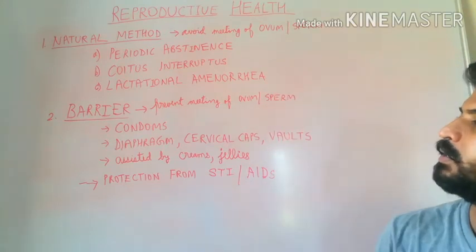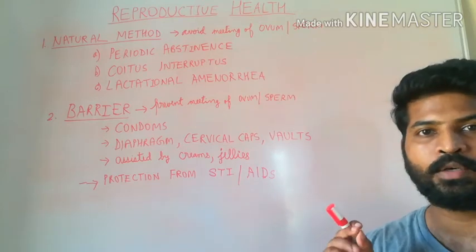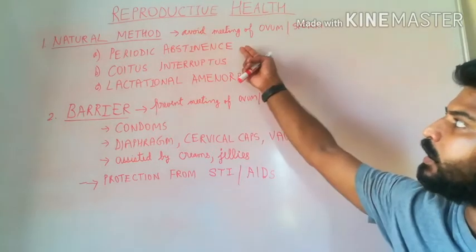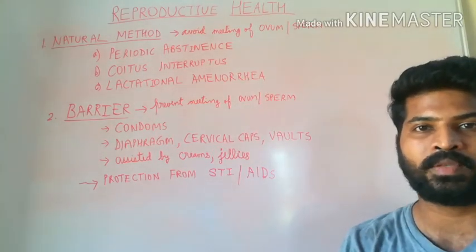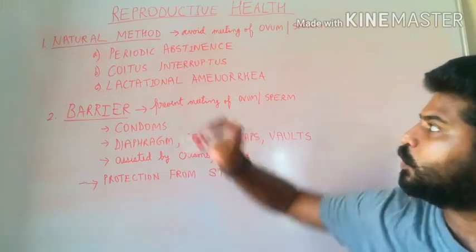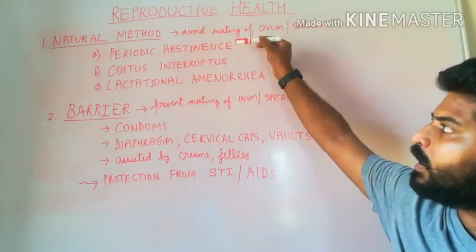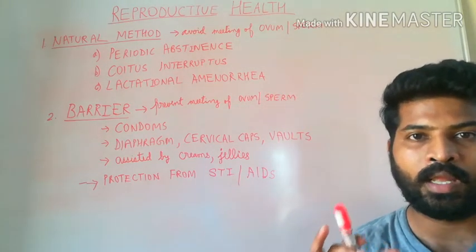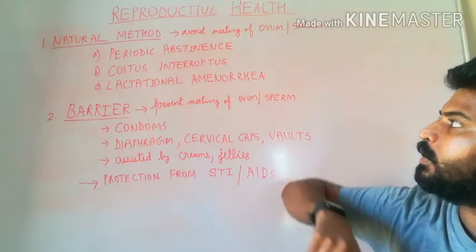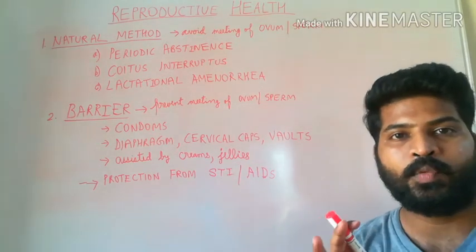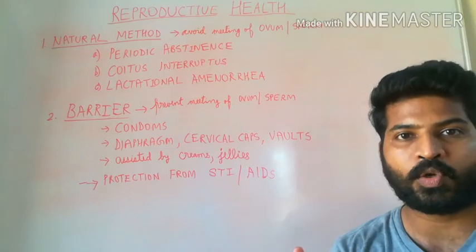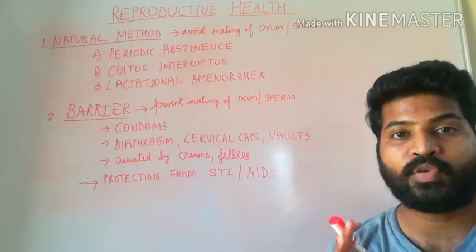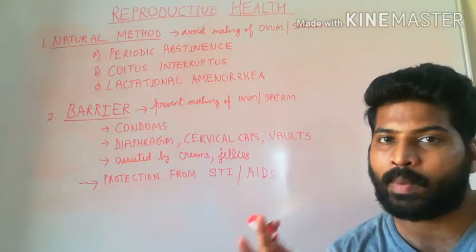In the natural method, there are three simple techniques to avoid the meeting of ovum and sperm. Technique number one is called periodic abstinence, which is very simple. In this technique, the knowledge of the menstrual cycle is very important. Here, the couple will avoid having sexual intercourse during the menstrual cycle, especially from day 10 to day 17.